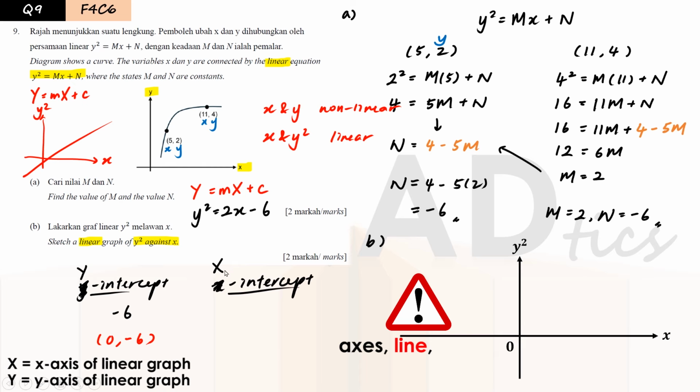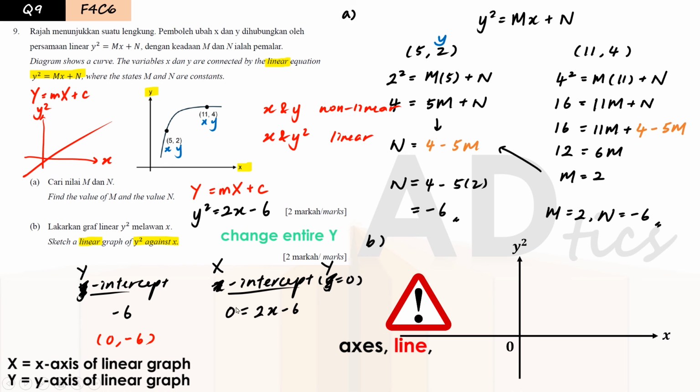If we want to find the x-intercept, we need to let Y equal 0. This one I also need to change, this should be big Y. Big Y equals 0. This means this entire y square, we need to change to 0 because this is the big Y. The entire thing, including the square, we need to change to 0.